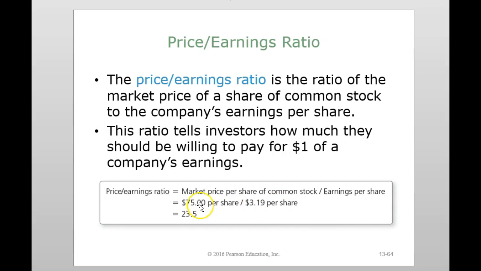If I divide the market price by the earnings per share, it gives me 23.5, which means for each dollar of earnings per share, I should be willing to pay $23.50 for a share. If you multiply that out, you'll come up with $75 per share. And then you can compare that to other companies. What is their PE ratio?